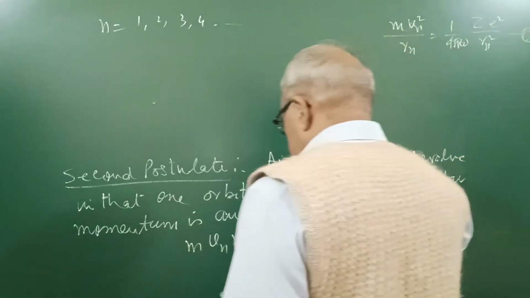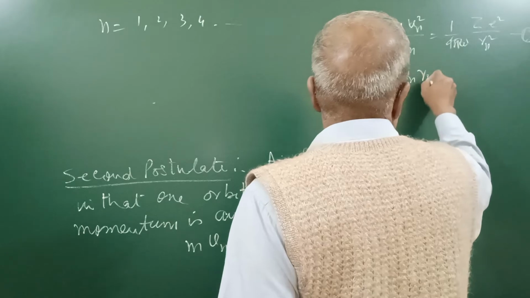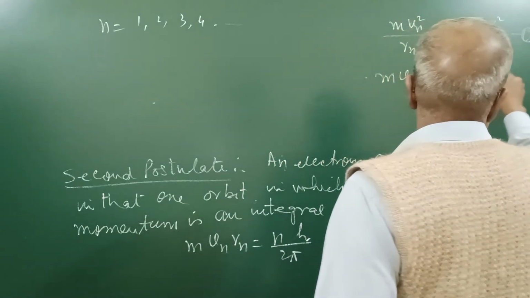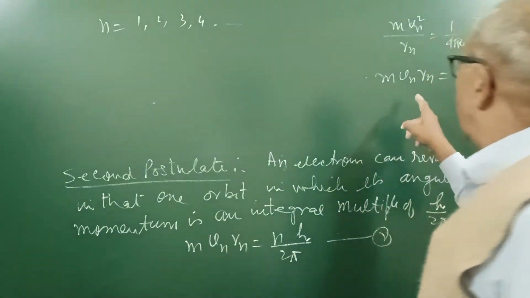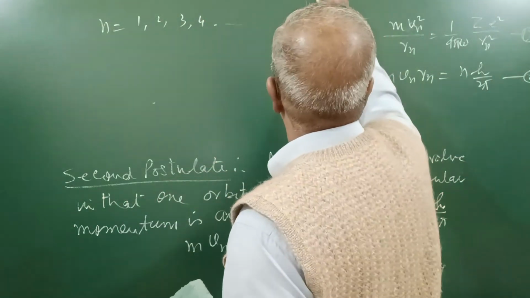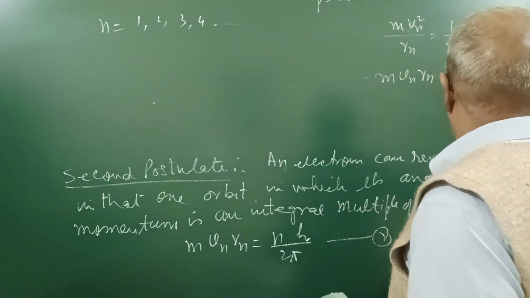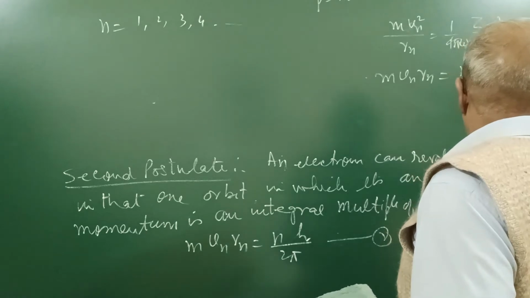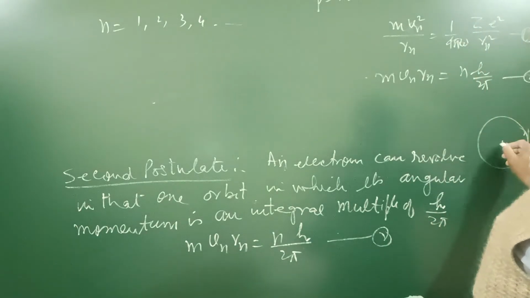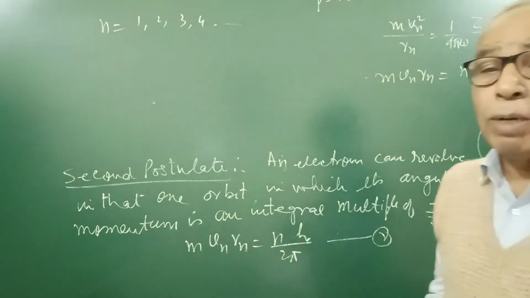Or the second: mvn is equal to nh upon 2 pi. Linear momentum P is equal to mv. When a body moves in a circular path, the product of linear momentum and perpendicular distance from the axis is equal to the magnitude of angular momentum.